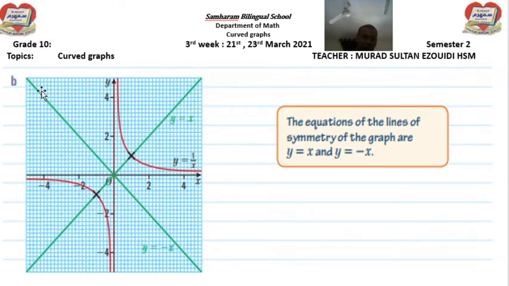And also for the second one, when y equal minus x, this one will be symmetrical to that, and this one will be symmetrical to that, and so on. This is the curve of the equation y equal 1 over x, which is called a hyperbola.